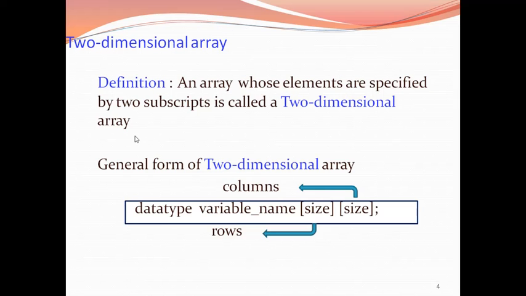In the one-dimensional array, we write only one size. Here we have two size attributes. One size indicates the number of rows, and the second indicates the number of columns of that array, just like a matrix written row-wise and column-wise.